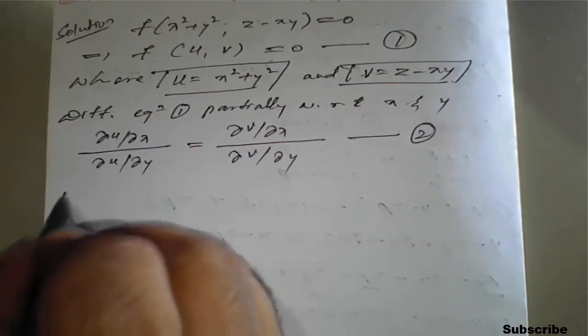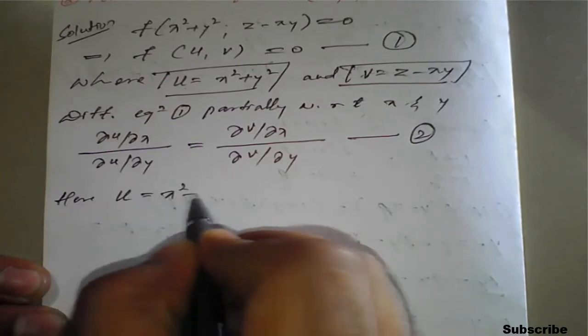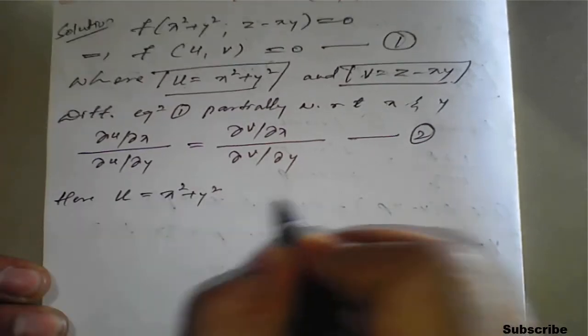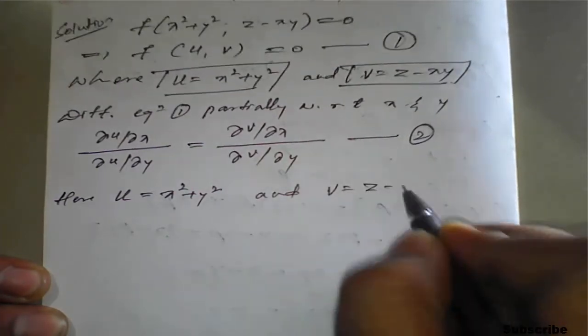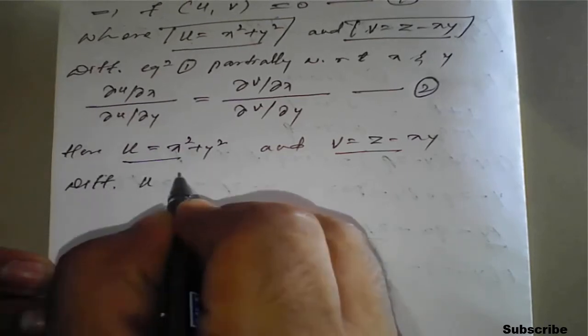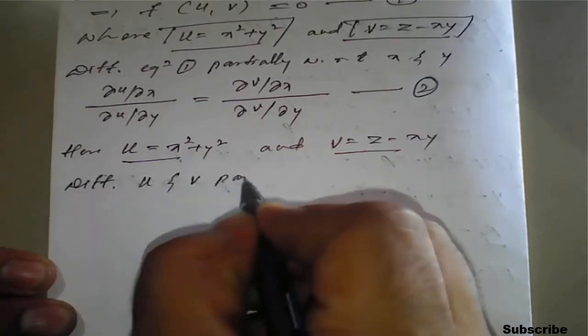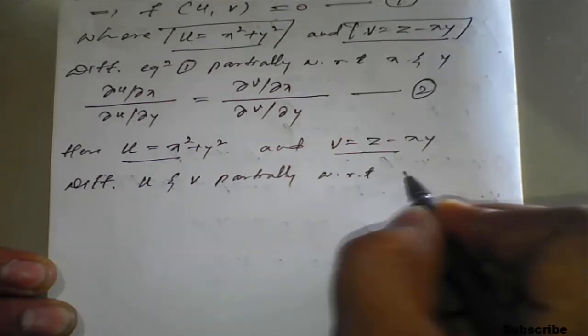So from u and v I will rewrite. Here, what is u? u is equal to x square plus y square, and v we got here is z minus xy. So we will differentiate this u and v partially with respect to x first.